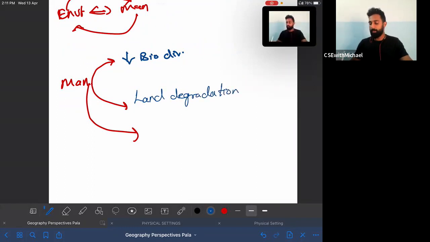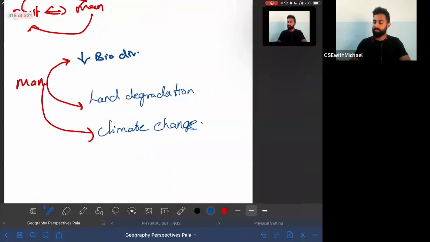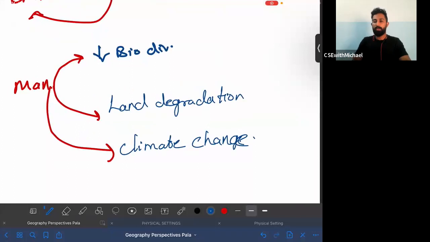Another one would be climate change. So these are the three large issues that the world community recognizes and fights to contain the impacts of. So biodiversity, land degradation, and climate change, which are also important in environmental geography. I think land degradation and climate change are the topics that we come across most often. Biodiversity അത്രയും വരാറില്ലെന്ന് തോന്നുന്നു. So these are the issues.